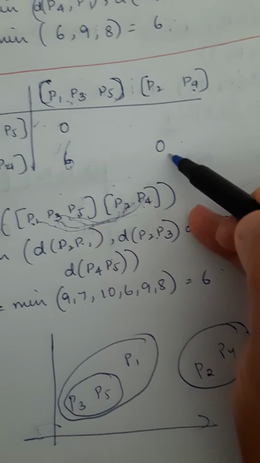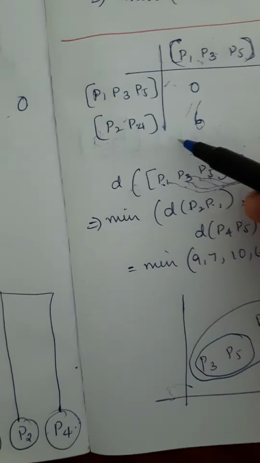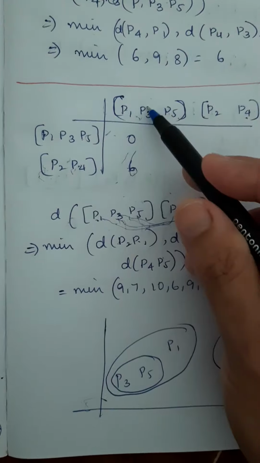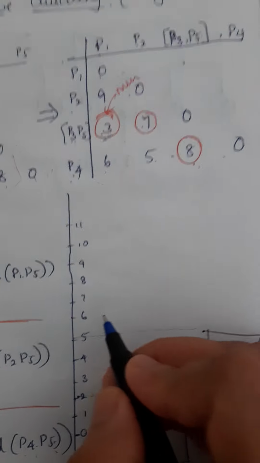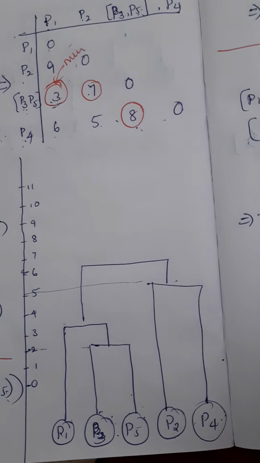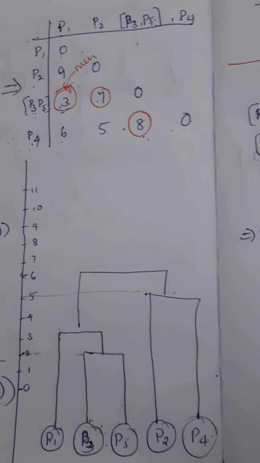The other two values are the diagonal values. So at 6, since it is only one value, I am going to merge these two clusters. This becomes my final dendrogram.